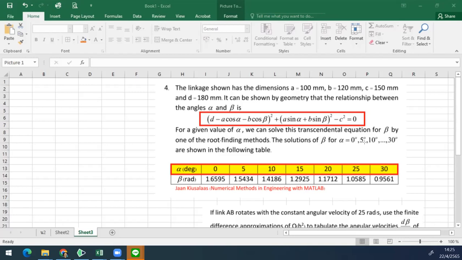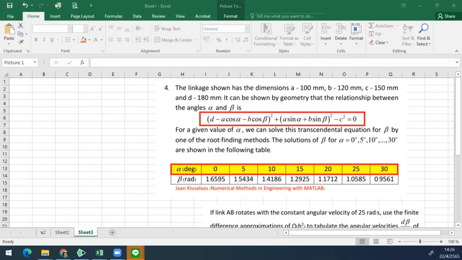So we have to determine beta for each row of the table by using the nonlinear equation that we have learned. For this case, I will use the second method to solve this equation. But actually, if we focus just on the finite difference, the table is already created for you.